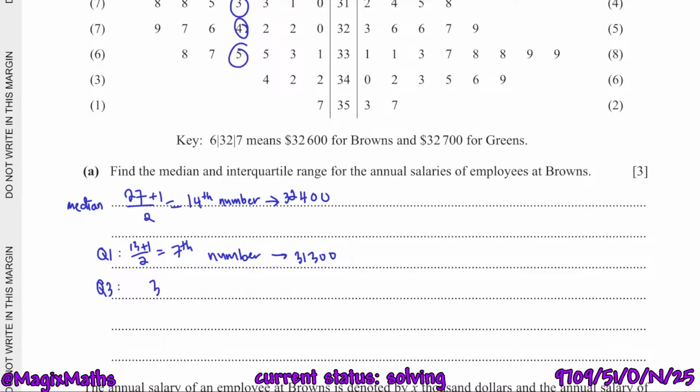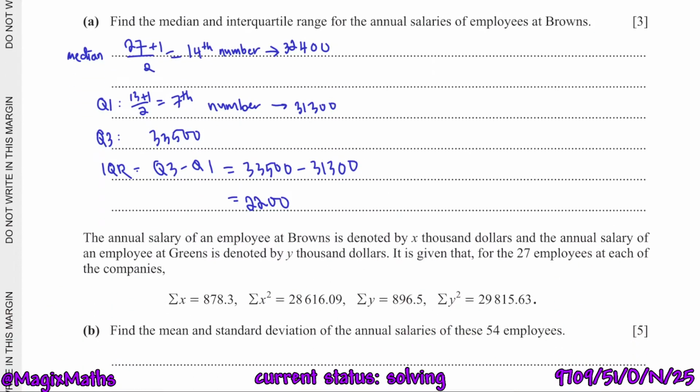That's 33500. So our interquartile range should be Q3 minus Q1, 33500 minus 31300, and then I'm putting that in my calculator, and we have 2200. Okay, so that's the median and the interquartile range.